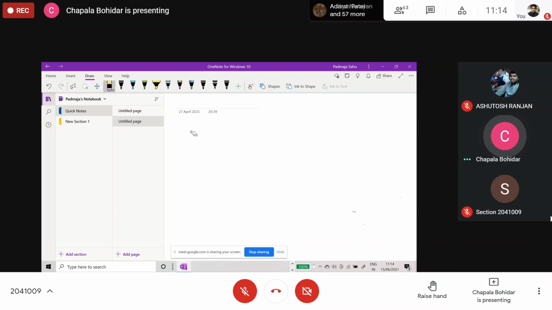Now, equation of the plane. n vector dot (R vector minus R naught vector) equals 0. That you can also write as a into (x minus x0) plus b into (y minus y0) plus c into (z minus z0) is equal to 0, or ax plus by plus cz plus d is equal to 0.